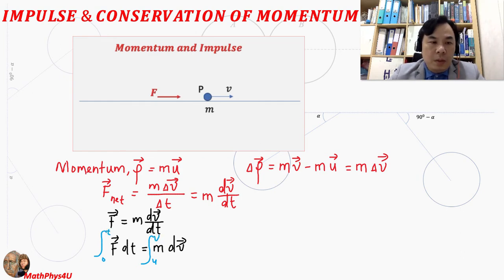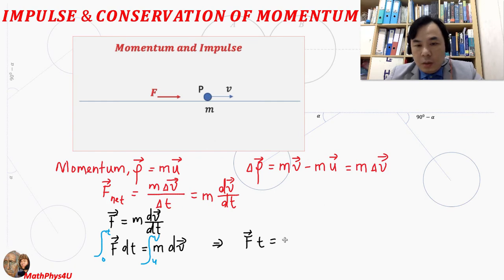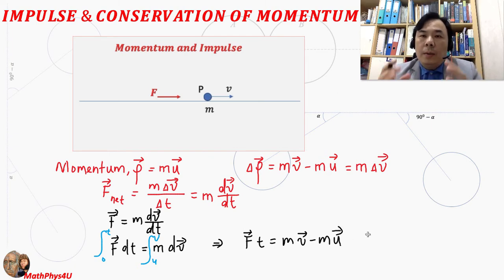So from here, we obtain another quantity: F multiplied by t is equal to mv minus mu.